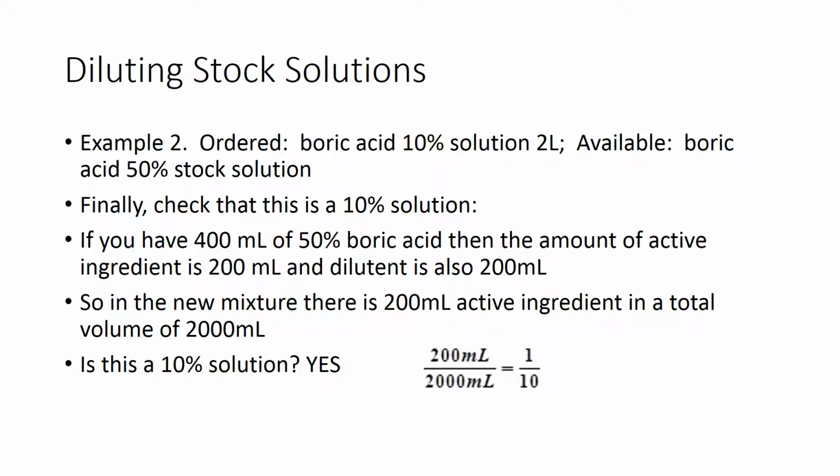Is this a 10% solution? Well, 200 milliliters divided by 2,000 milliliters is 1 to 10, and that's 10%. So indeed, this is a 10% solution. So we were correct in our calculations. 400 milliliters of the 50% stock solution added to 1,600 milliliters of water will give us the 2 liters of the 10% solution.